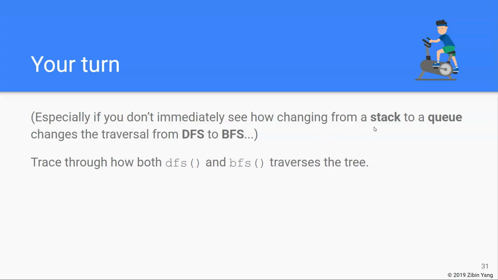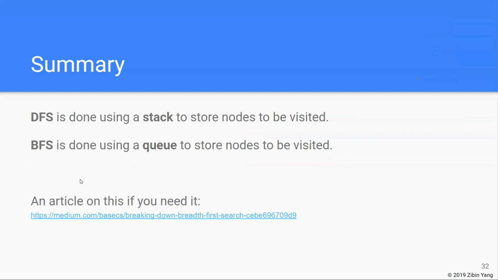Draw pictures of either a stack or a queue and keep track of what's being put into the data structure and what's being removed, and convince yourself that yes, indeed, they work the way that they are designed to. In summary, the key takeaway is that in order to do DFS, we use a stack to store all the nodes to be visited, and to do BFS, we use a queue to store all the nodes to be visited.